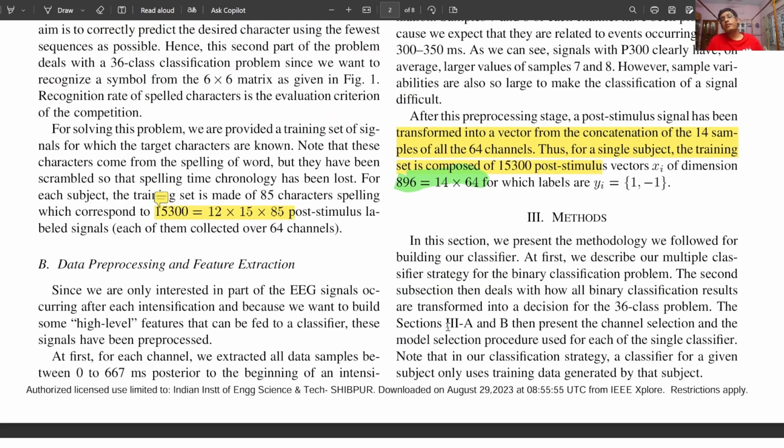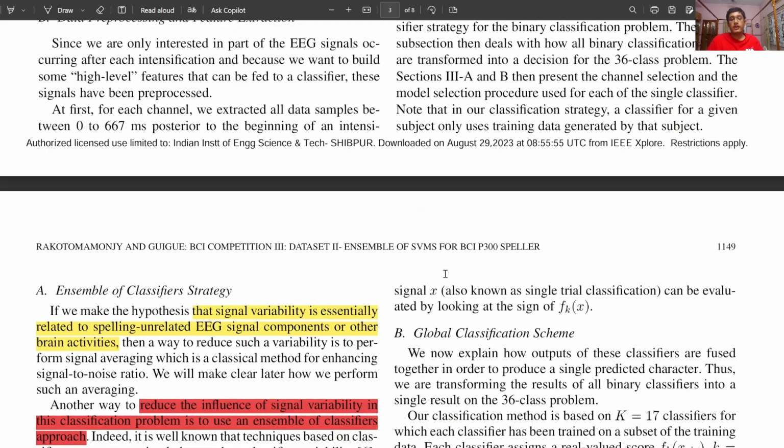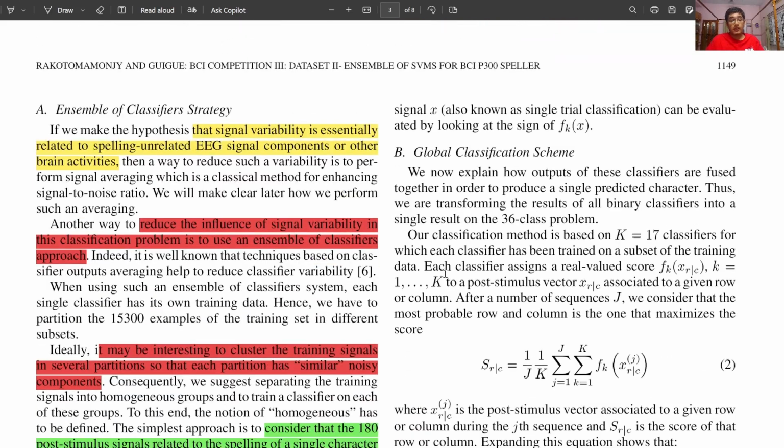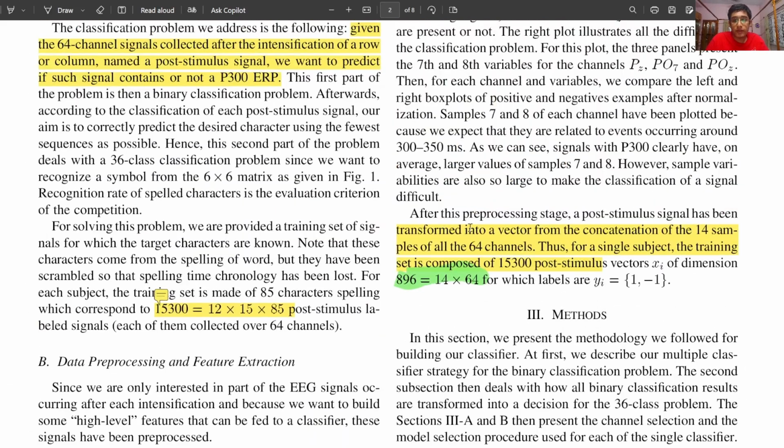And then what they have done is they have separated this training data of 15300 into 17 different parts, each part containing 5 character spellings.